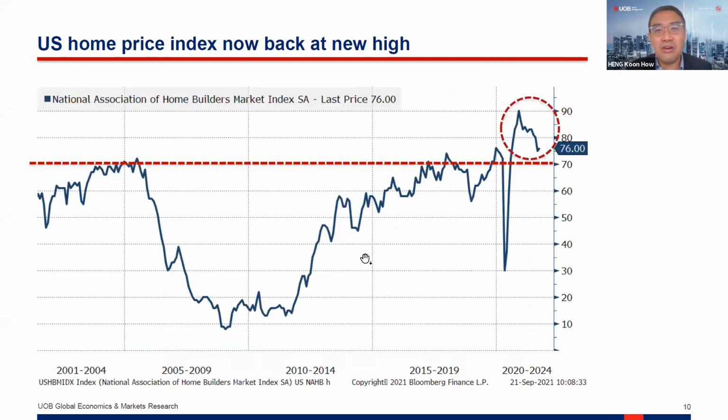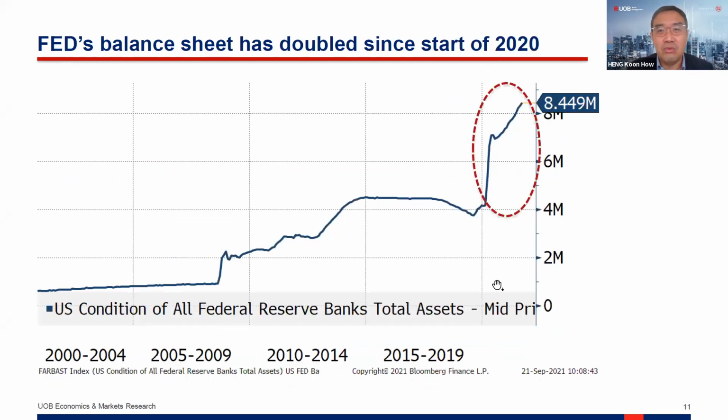Now, outside of inflation, you find that US house prices are at a record high, and if I can put it much more bluntly, back at pre-subprime highs. So this is something to take note of. And of course, there is the huge amount of liquidity that the Fed has pushed through financial markets since COVID-19 started.